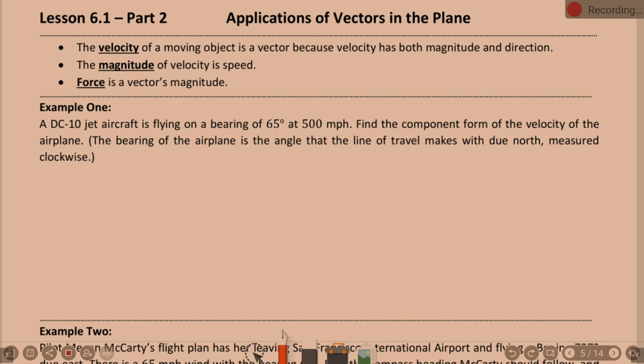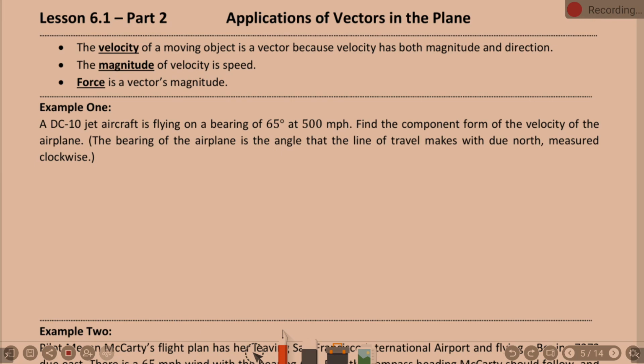Okay, so part 2, lesson 6.1, part 2. I really should just throw this example in with part 1. But part 2 goes into the applications of vectors, and one of the applications that they focus on a lot is that of an airplane.